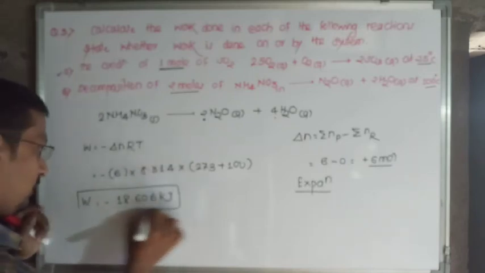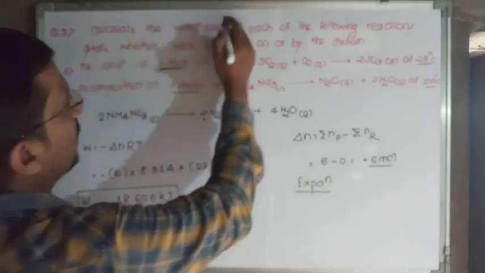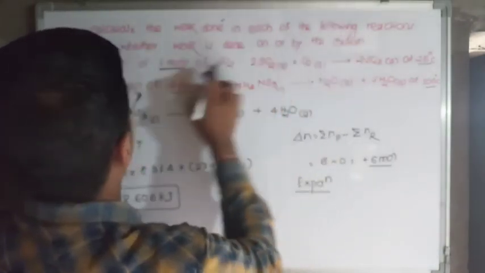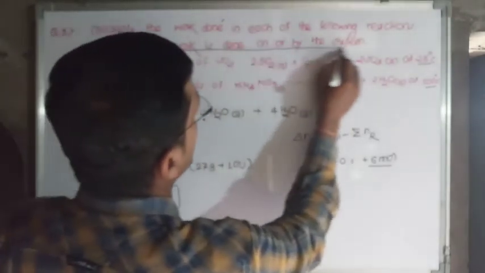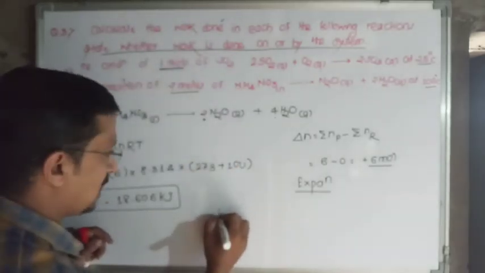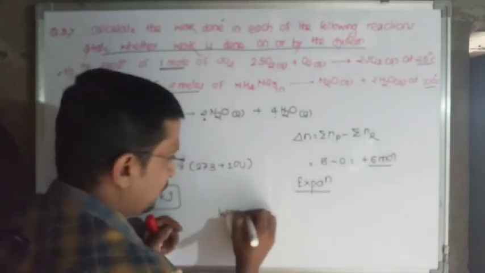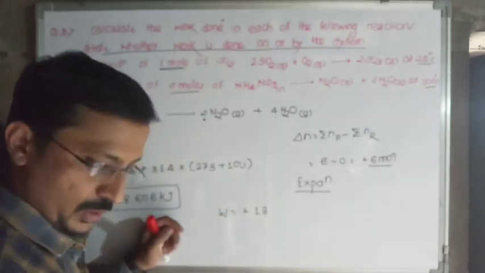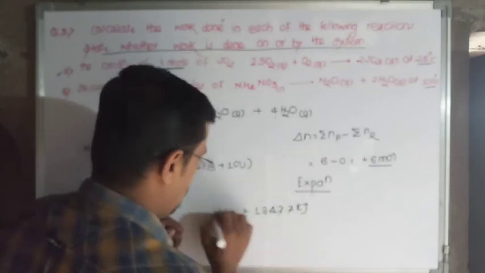We have calculated the work, but what is asked next is to state whether work is done on or by the system. In the previous case, the first case with sulfur dioxide, the work comes out to be plus 1347.7 joule.